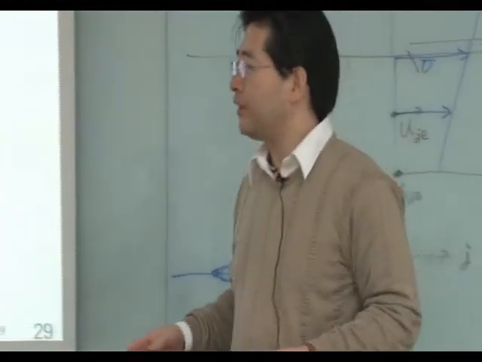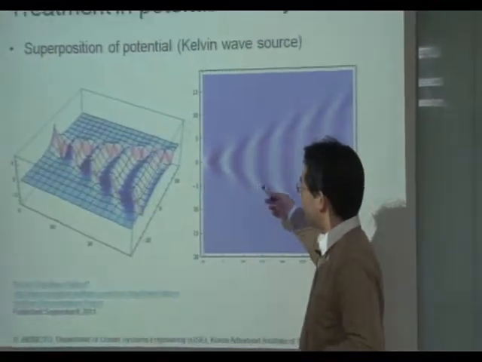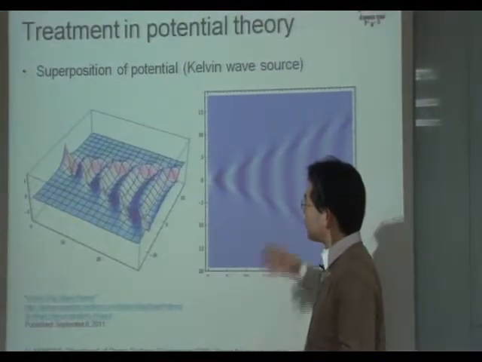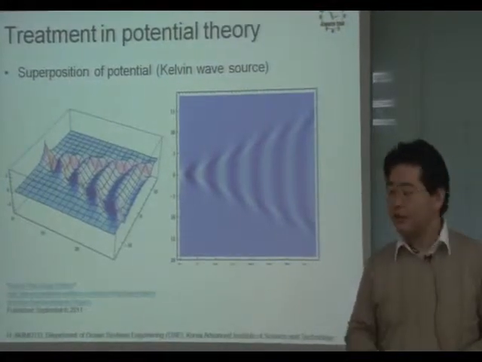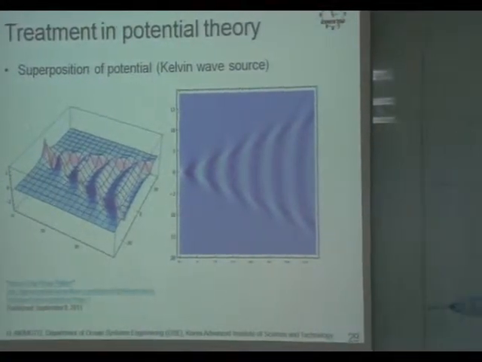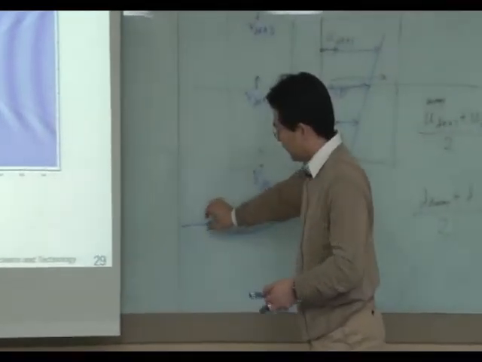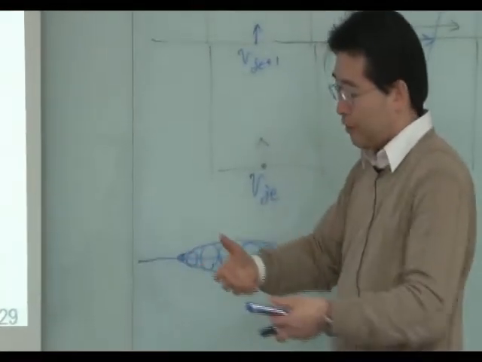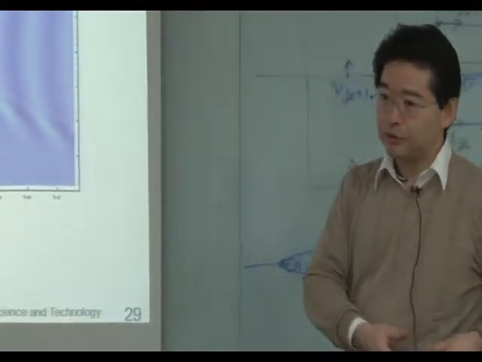So naturally, this Kelvin wave source is very beautiful, but it is applicable only to simple solutions. It represents only the distribution of the mass in a one-dimensional distribution.